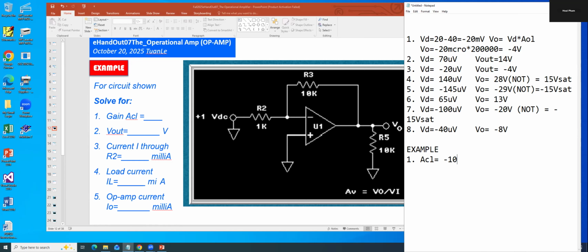So now this comes out from the left. Okay, and they want V out. The first one is the gain, ACL, right?